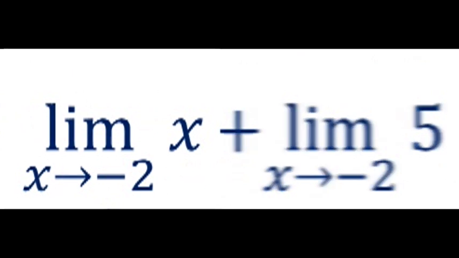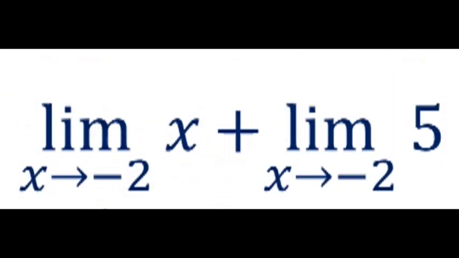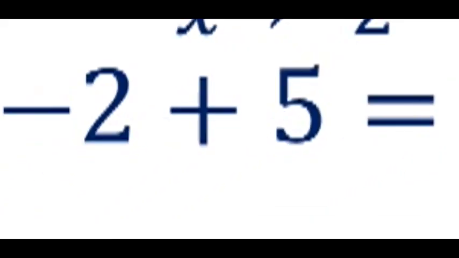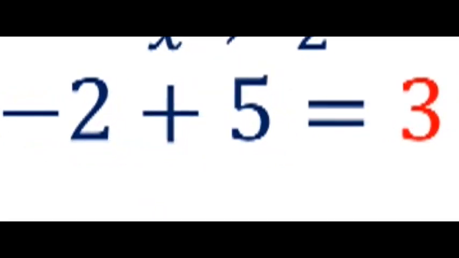Take note that the limit of x as x approaches negative 2, this is second theorem, so our constant is negative 2. Simplify, that's negative 2. And limit of 5 as x approaches negative 2, this is theorem number 1, so you simply copy the constant 5. And then simplify negative 2 plus 5, it gives you 3.